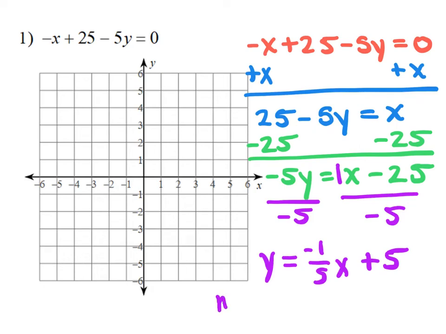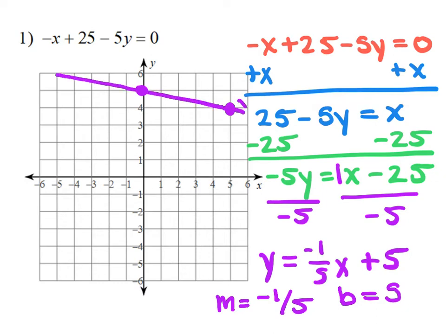So that means that my slope is negative 1 over 5, and my y-intercept is 5. So I can plot my y-intercept at 5 on the y-axis, go down 1 and over 5, and then draw in your line.